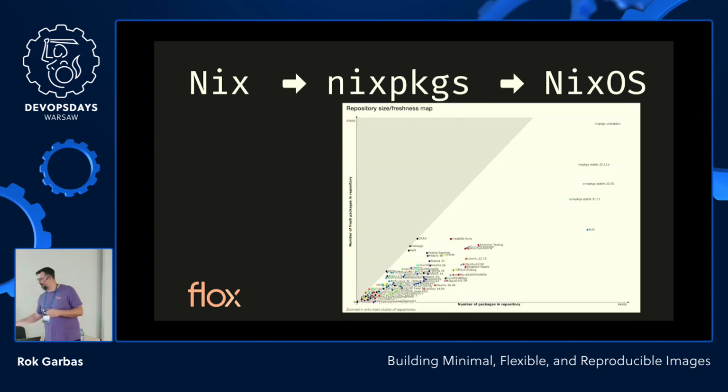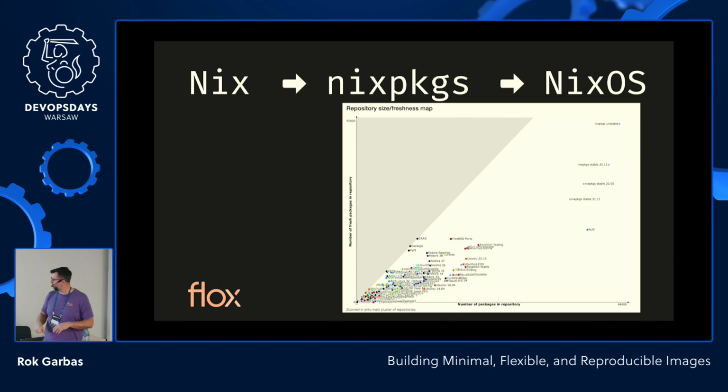Yeah. And why I'm talking about this is because there is one reason why I think you should use Nix. This is a graph, horrible, but that's the best thing I could do. This graph is taken from Repology, I think a month ago. On the x-axis there is the number of packages in package repositories, not only in Nix.